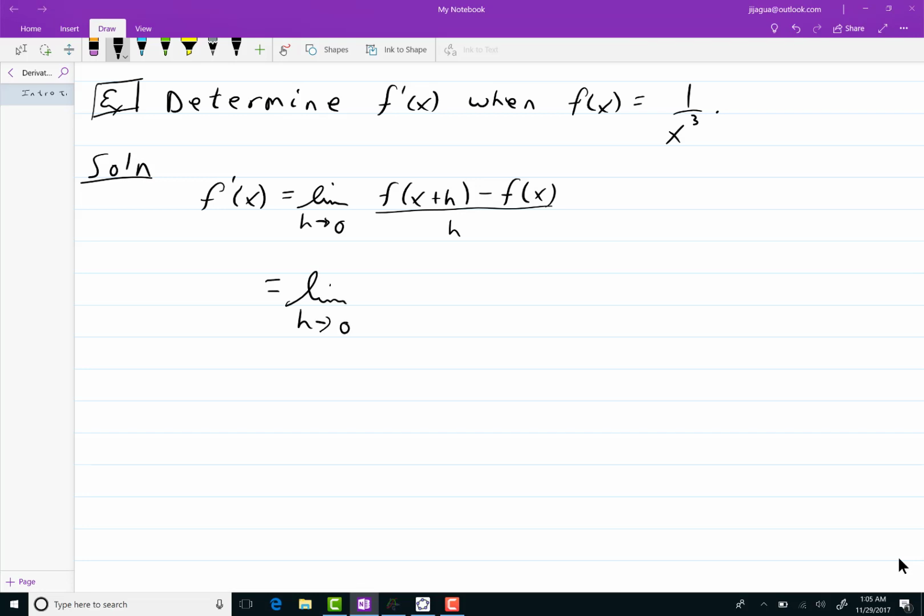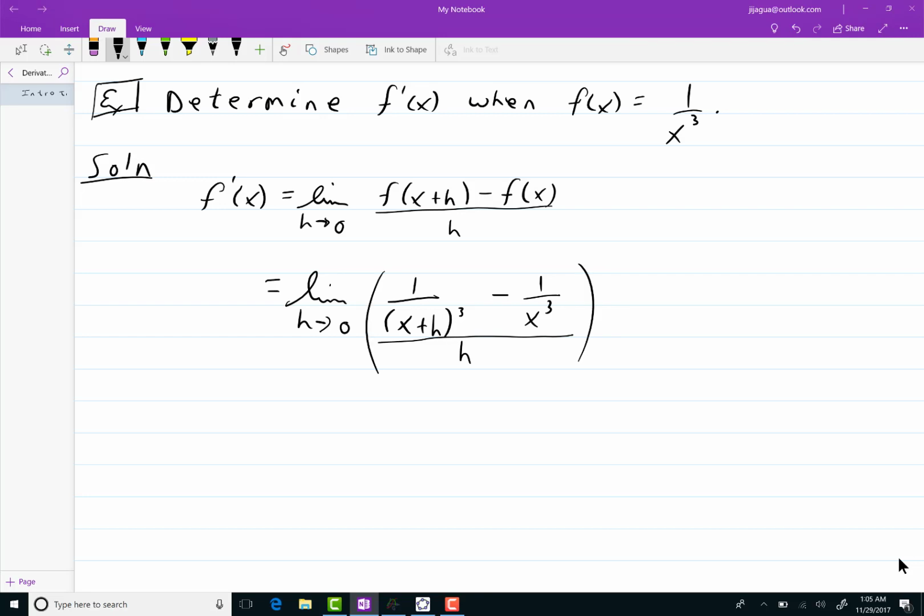You can go back and check x squared and radical x if you want to get more comfortable first. F of x plus h means that I plug x plus h in where I see x in the formula. So I'll have 1 over x plus h cubed minus f of x, 1 over x cubed, all of that divided by h. You may want to put parentheses because it's so big in there.